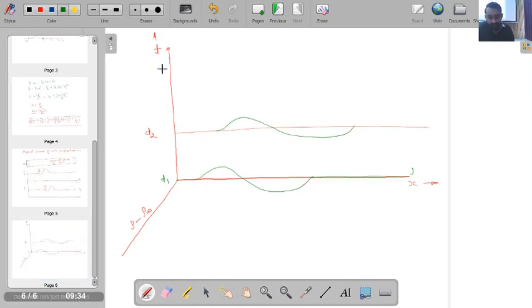Then at some other time t3, say the wave structure is something like this.